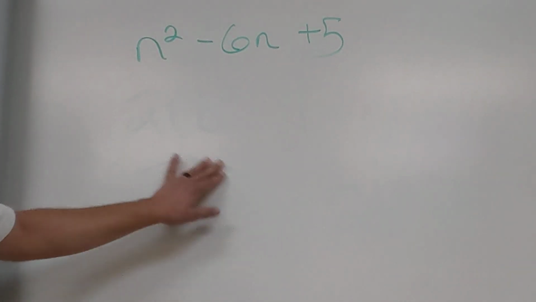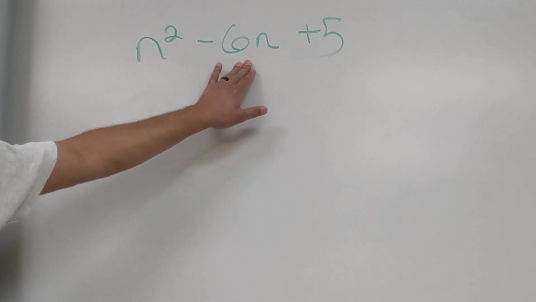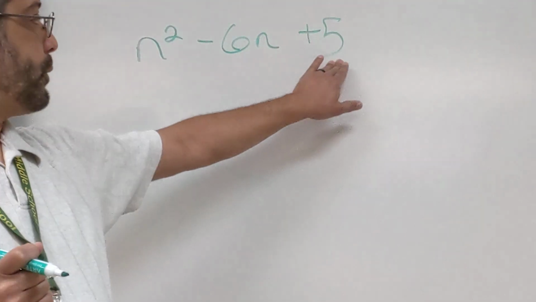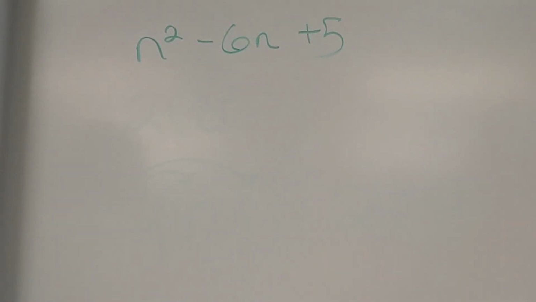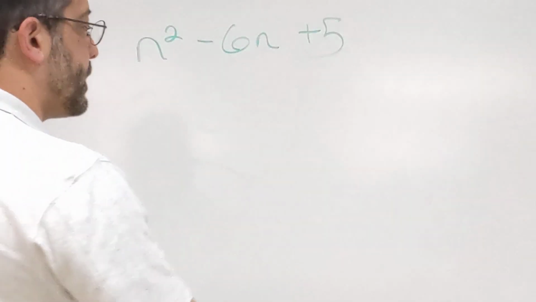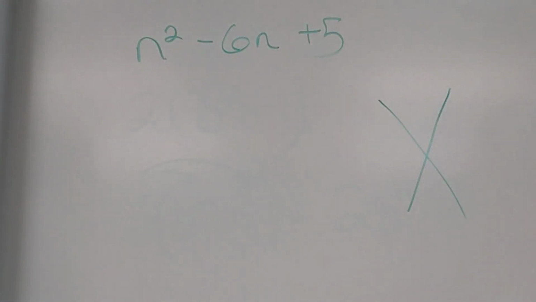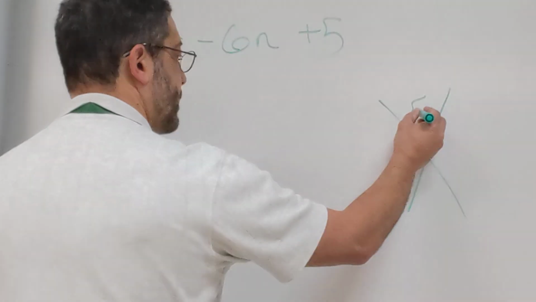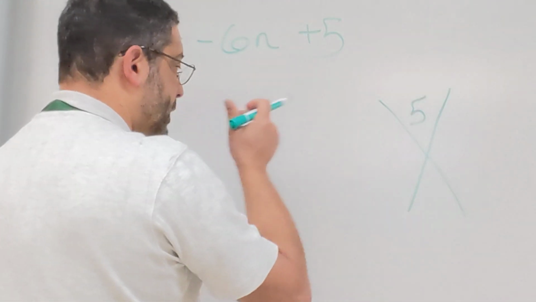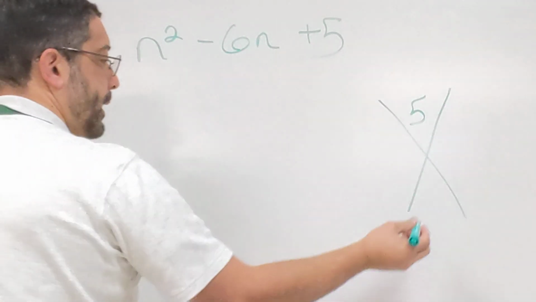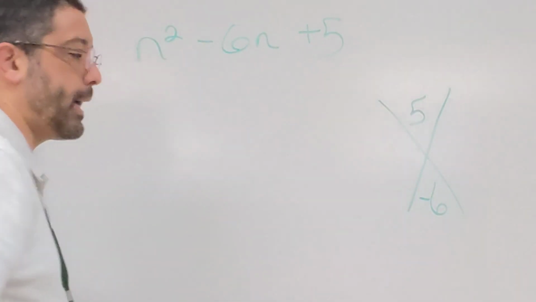In this case, I'm looking for two numbers that when added together would equal -6, and when multiplied together would be a +5. So one of the ways that I showed you to do this, as we have practiced with our diamond math, is I would put my product up here, which is 5, and my sum, which is a -6.